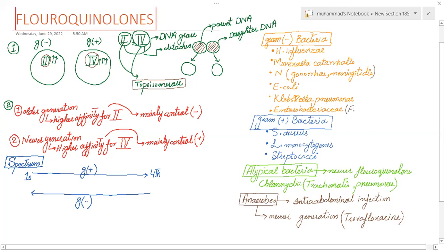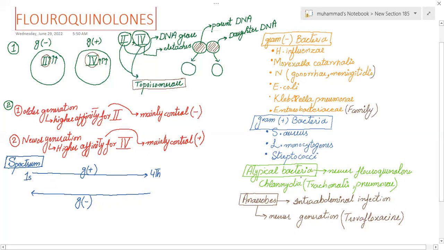It is a whole family which contains gram-negative bacteria. And gram-positive bacteria, Staphylococcus aureus, Listeria monocytogenes, and Streptococci, are controlled by newer generation.